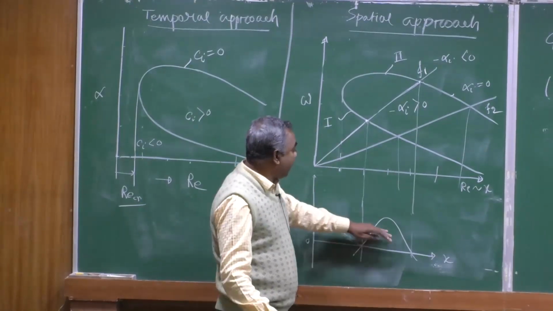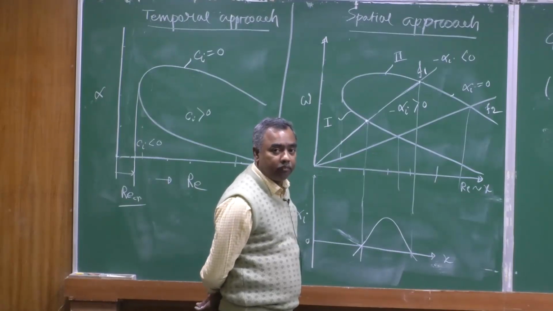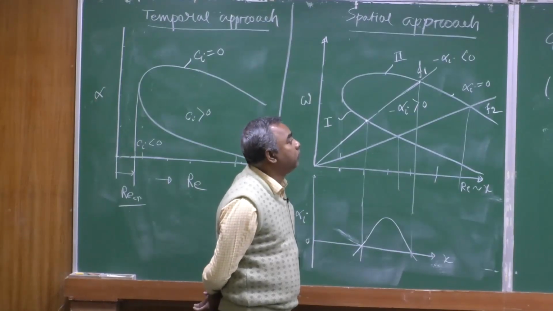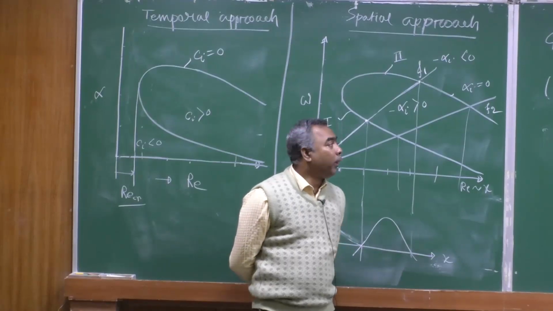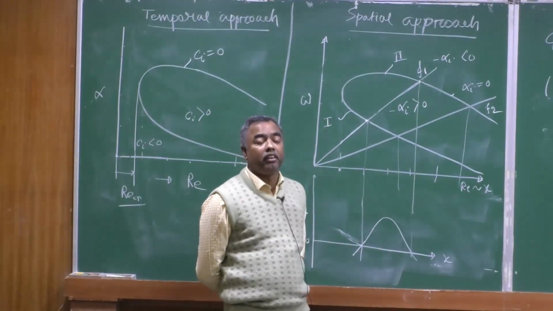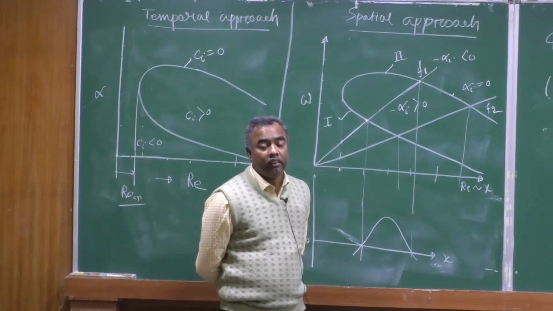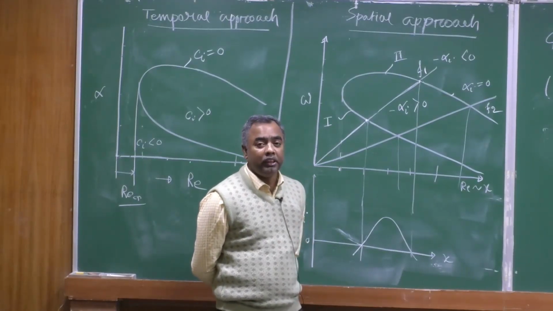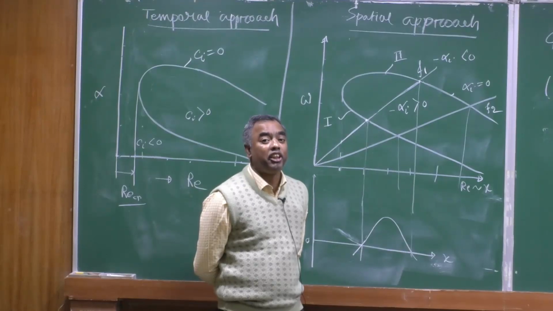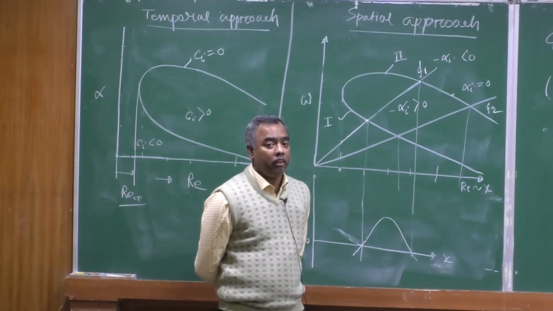Now, before I come to the transition prediction model based on this analogy, I would like to introduce something known as inviscid instability. When this equation was devised in 1907 and 8, people thought viscosity would play a stabilizing role. Viscosity would not help the disturbance to be unstable.